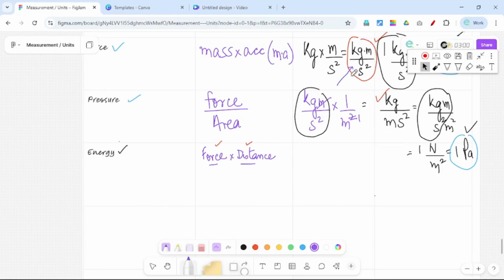Over here you can see, this is kg meter per second square. This we have derived over here, multiplied by distance, that is meter. So this is equal to kg meter square divided by second square.